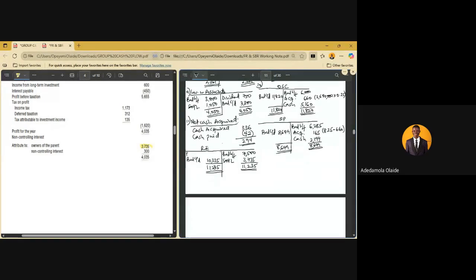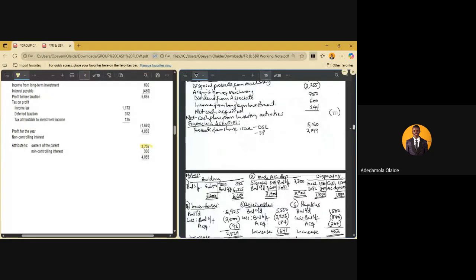That's the dividend paid. Dividend paid to owners of parent, 900 negative.